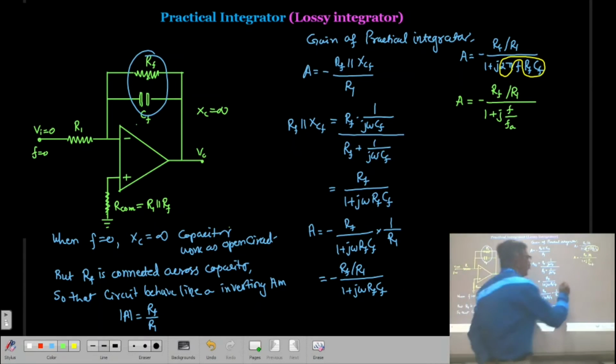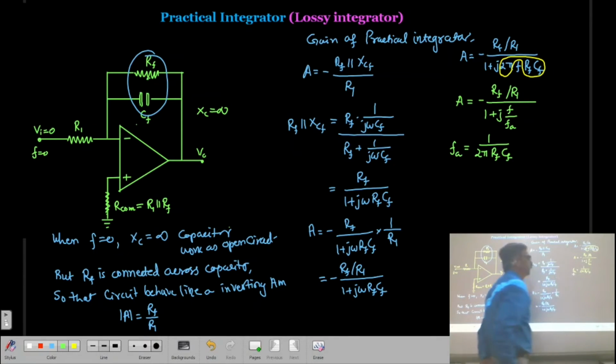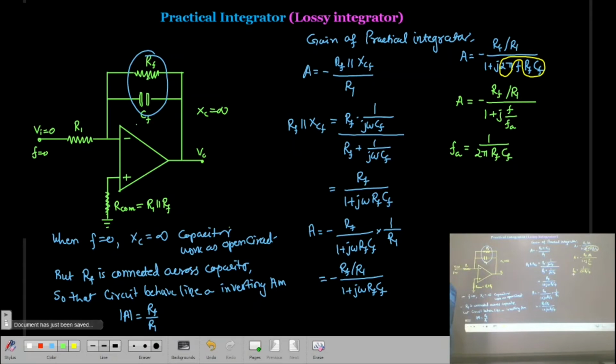What is Fa? Fa we define as 1 upon 2 pi Rf into Cf. Remember.